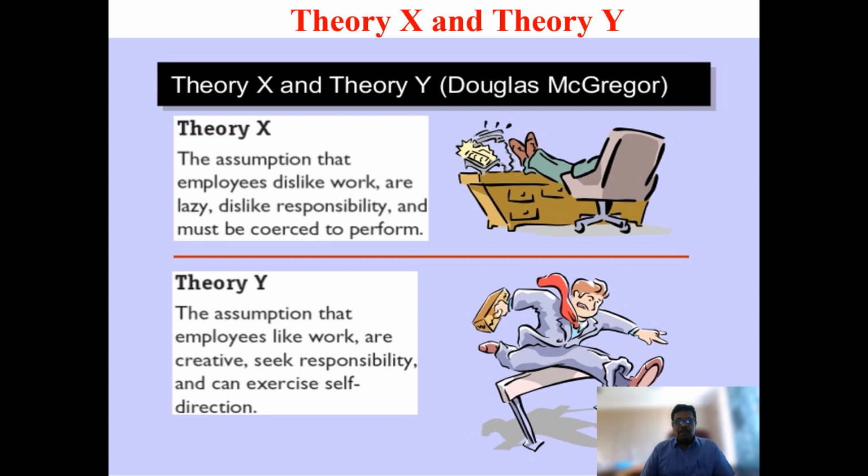Managers believe employees are not motivated because they dislike the work. It assumes that whatever management provides, people will dislike their work, be lazy, and dislike responsibility, and so they have to be rectified and forced to perform.